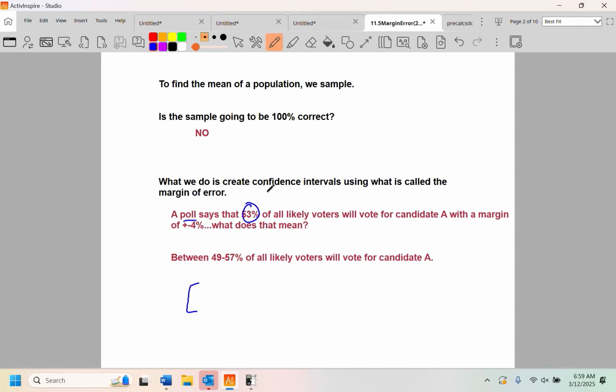Since it's a poll, it's a sample, it's really just called S. But I'm going to leave it X bar, minus the margin of error, comma, the sample plus the margin of error. So that's where I got these numbers. 53 minus 4 is 49, and 53 plus 4 is 57. That's how we write them out in this class, all right?